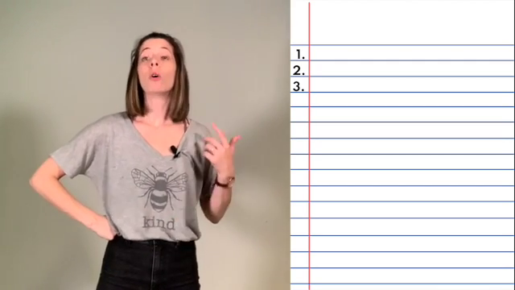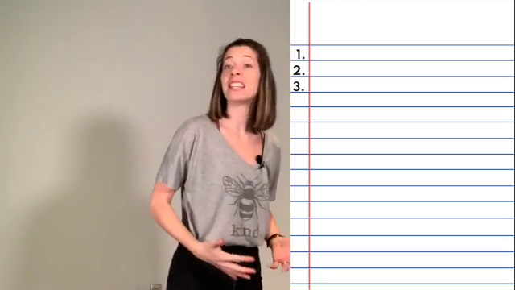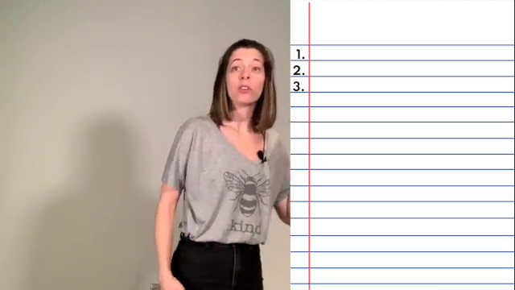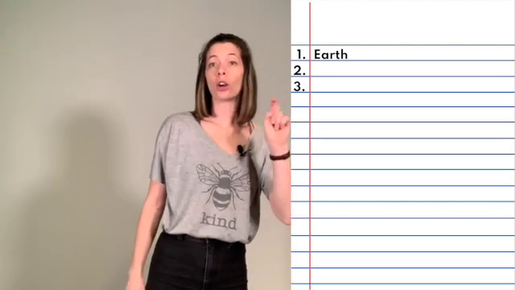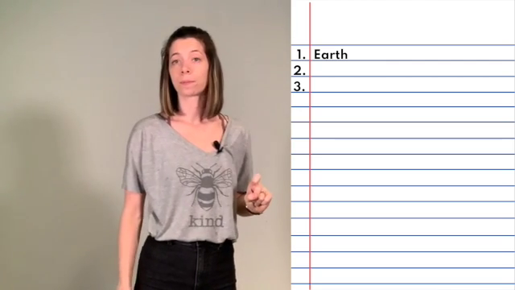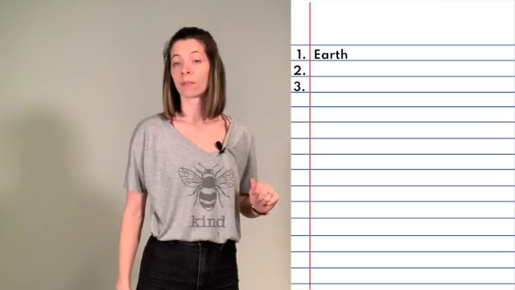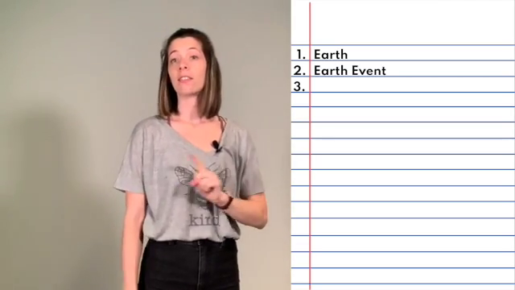Great. Now we're going to use an outline to build our Earth event dance. So next to that number 1, I want you to write Earth. Next to number 2, write Earth event.